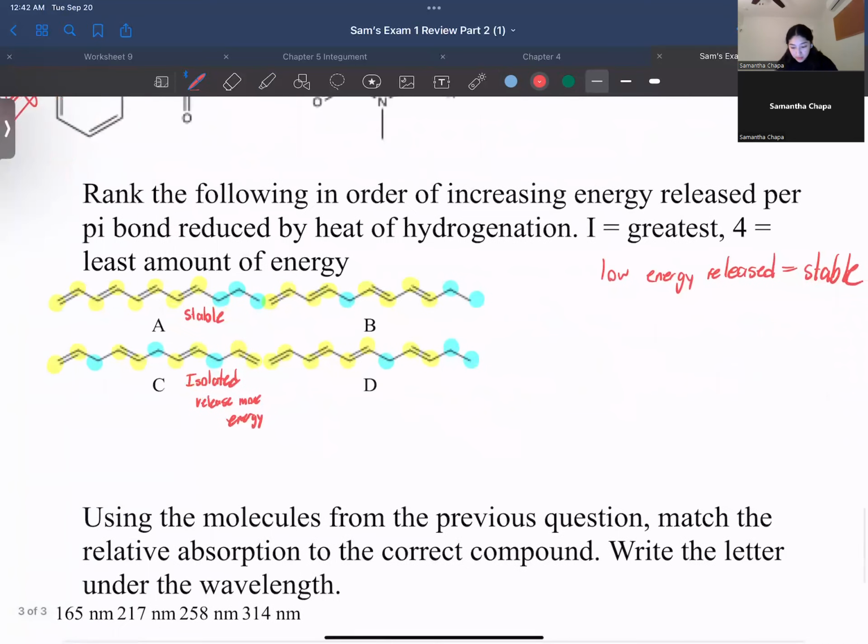And so again, least amount of energy will be A, so 4. Will release the most energy will be C, 1.